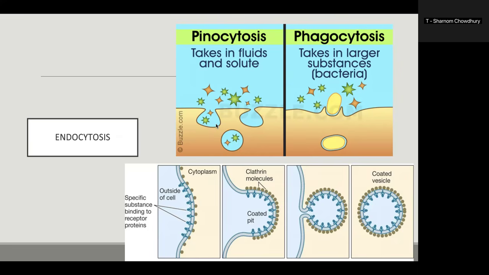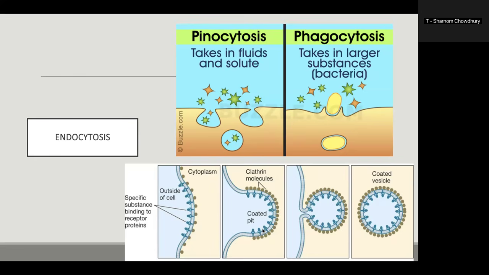Then you also have receptor-mediated endocytosis. Receptor-mediated endocytosis is highly specific. It depends on receptor proteins here, which are integral membrane proteins, so they're inside the membrane, and they bind to specific substances. Once a specific substance binds to the receptor protein, membrane invagination happens once again.